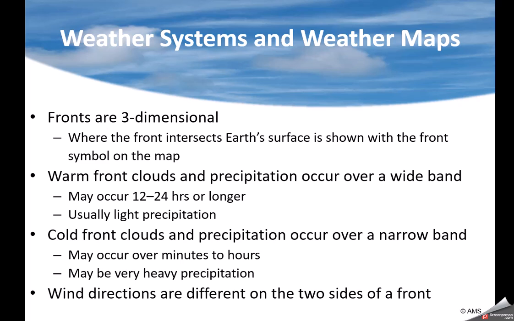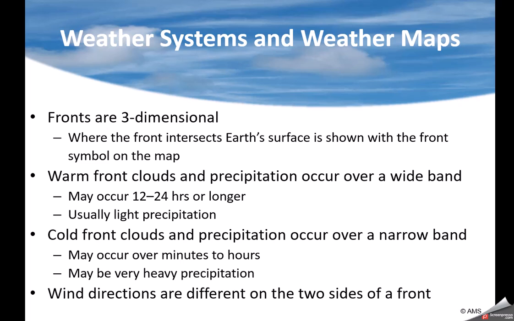Remember this, fronts are three-dimensional. We're going to talk about that a lot. The atmosphere is not just what's happening at the surface, it's what's happening at 5,000 feet up, 10,000 feet up, 50,000 feet up. So warm fronts bring a wide band of precipitation. When a warm front's approaching your area, many times you'll see some high clouds move in, then you'll see some lower clouds, and finally you'll get to the precipitation.